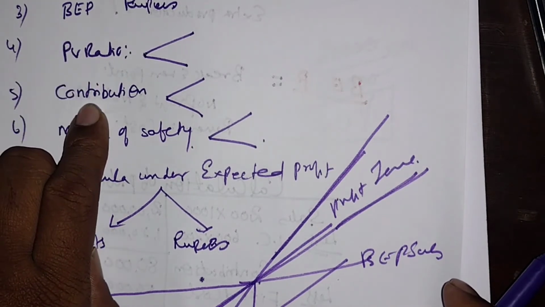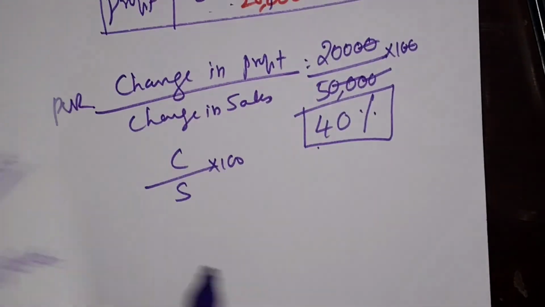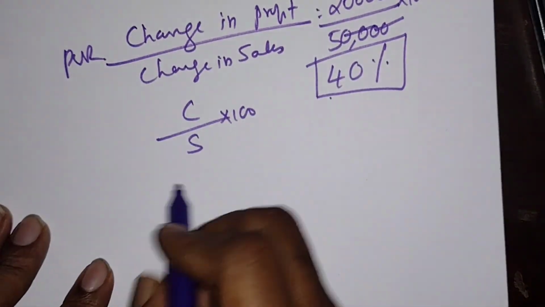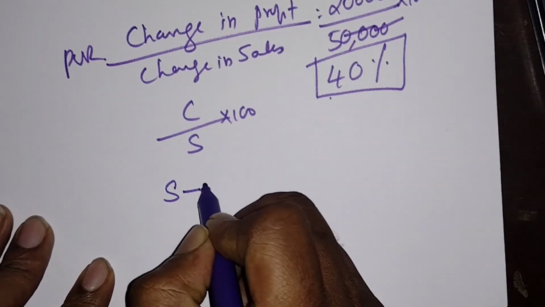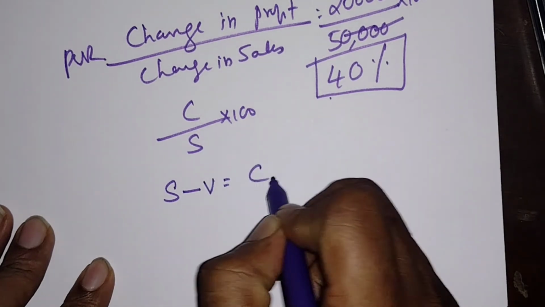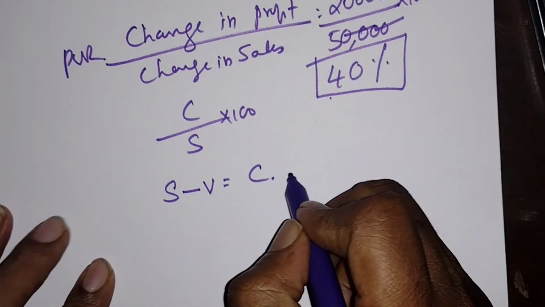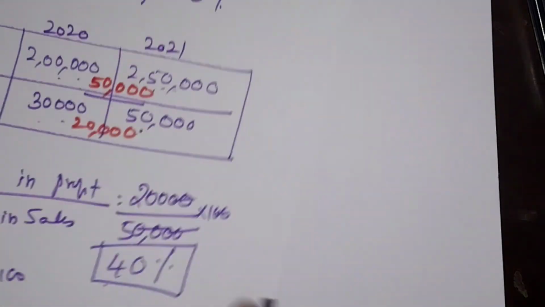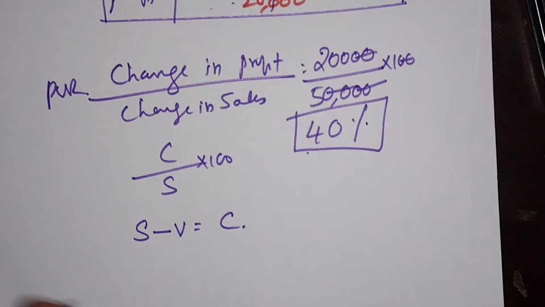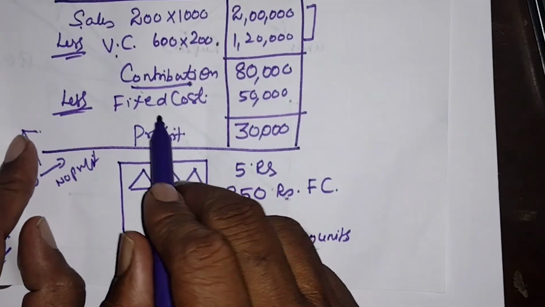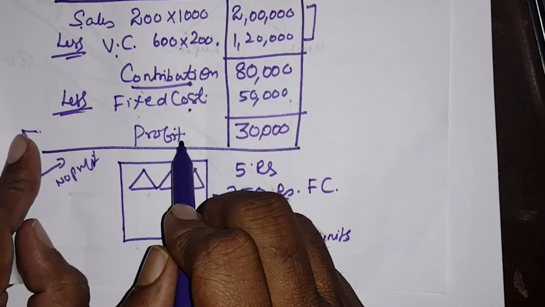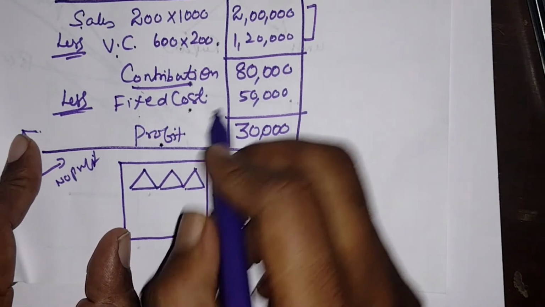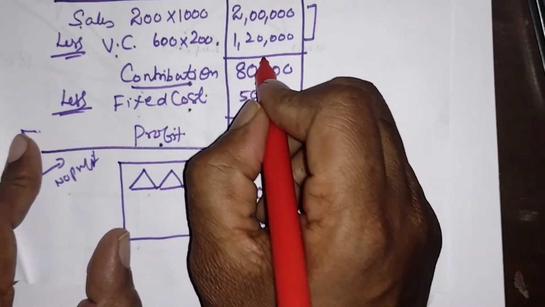Next one is the contribution. Contribution, we have two different formulas. One is selling price minus variable cost is the contribution, and from the contribution, as I have shown, we minus the fixed cost, therefore we get profit. So my contribution is 80,000.